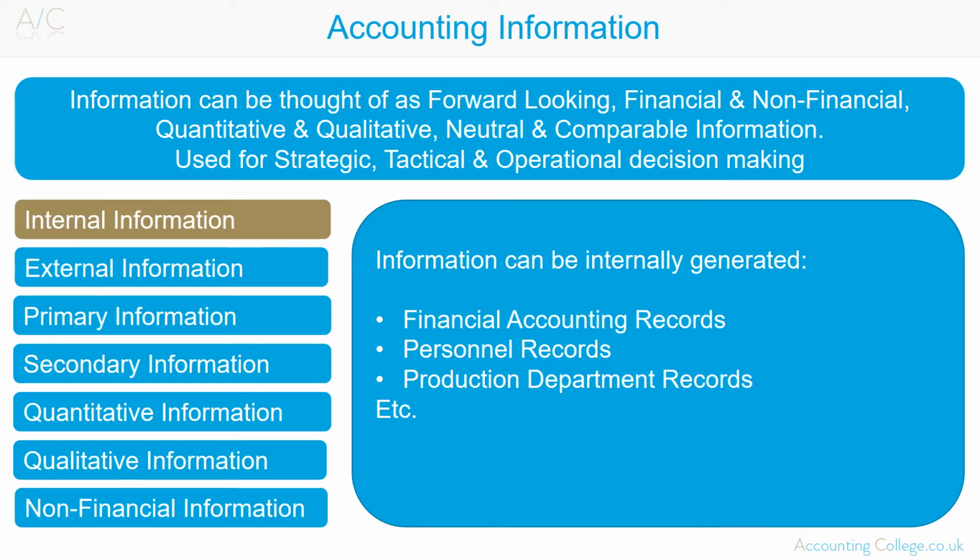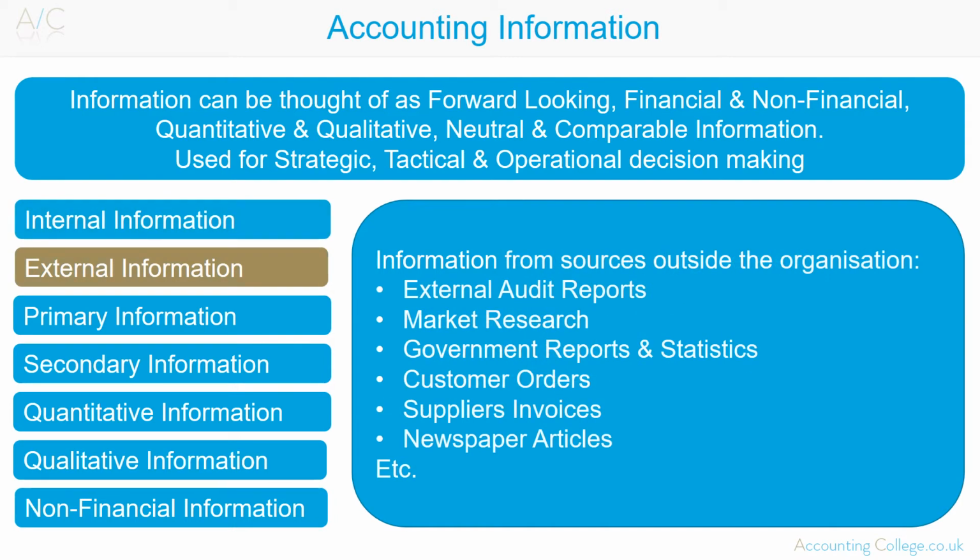Production department records, for example, daily outputs, machine breakdowns, maintenance records, and so forth. External information comes from sources outside the organization. For example, external audit reports, market research, government reports and statistics, customer orders, invoices from suppliers, newspaper articles, and so forth.